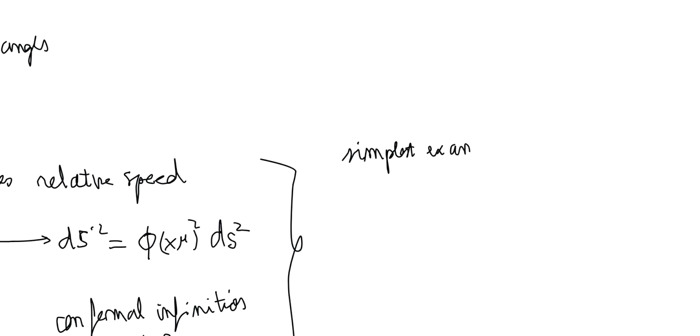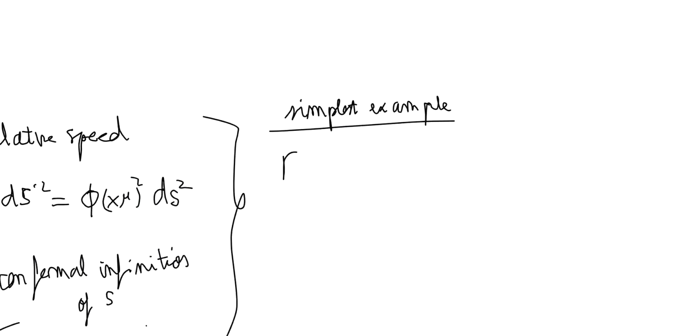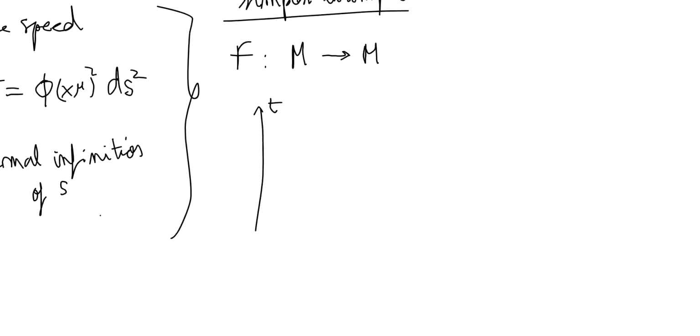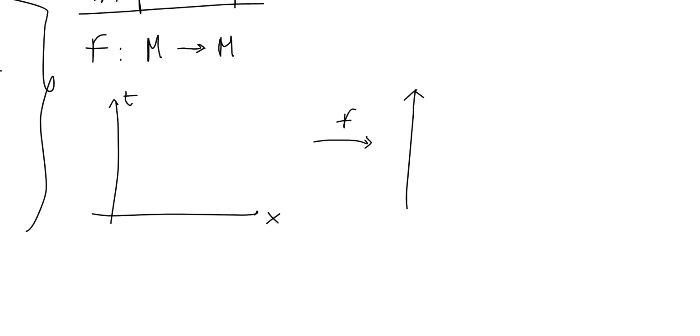So we have a conformal spacetime map F. I said that the target space was usually 1 plus 1 Minkowski, and we're going to try to map 1 plus 1 Minkowski onto 1 plus 1 Minkowski, which means that we have a spacetime T and X, and we want to map it by F into 1 plus 1 Minkowski T prime, X prime.